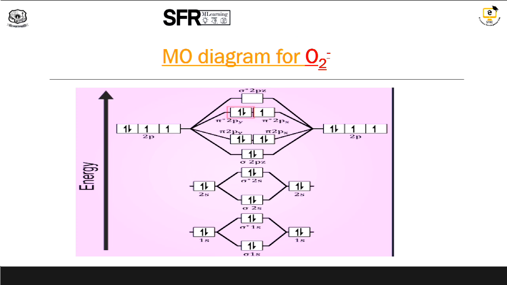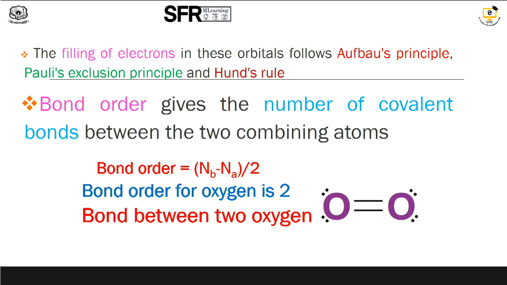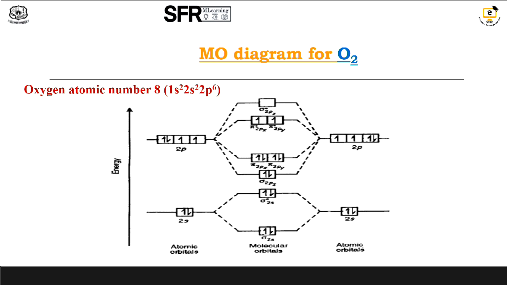In addition to that, we already discussed that the neutral molecule is paramagnetic, due to the availability of 2 unpaired electrons in the anti-bonding molecular orbital.